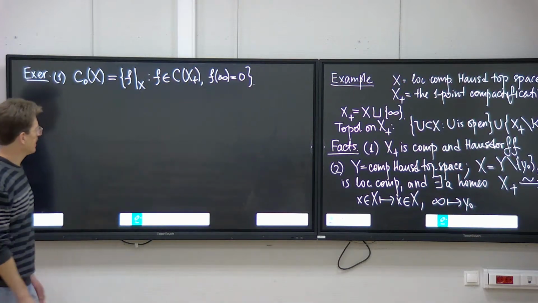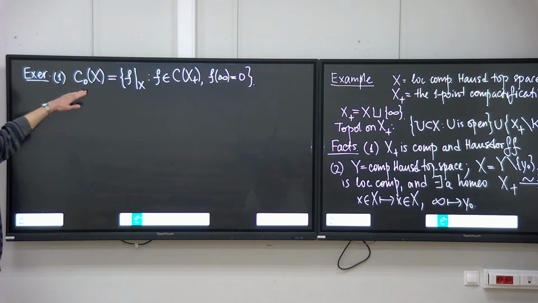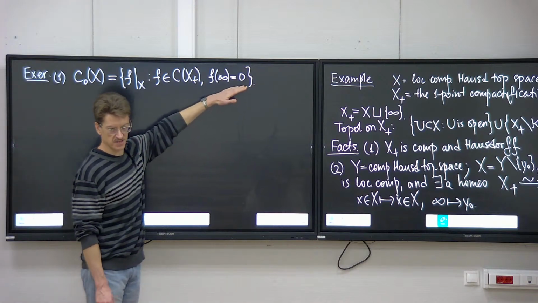In other words, a continuous function on X vanishes at infinity, in the sense of our previous definition, if and only if it vanishes at infinity, literally.